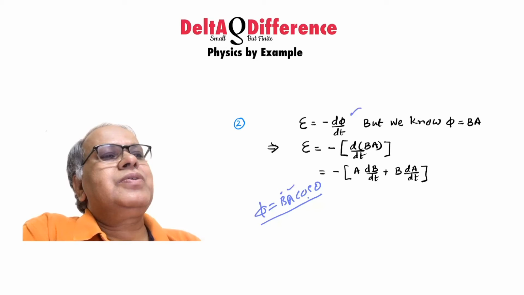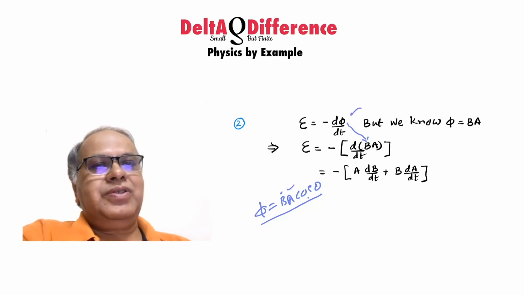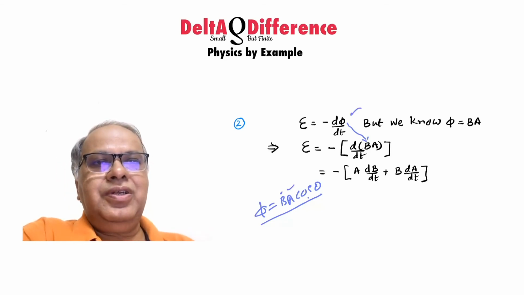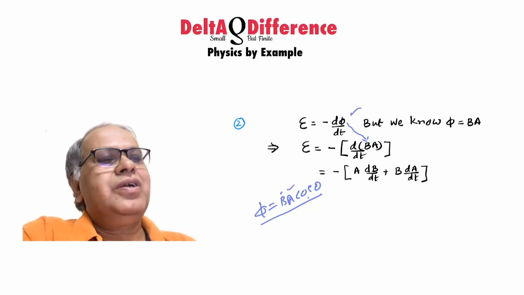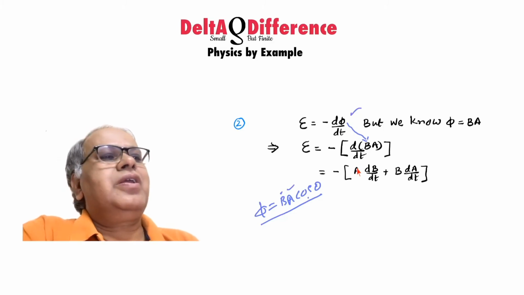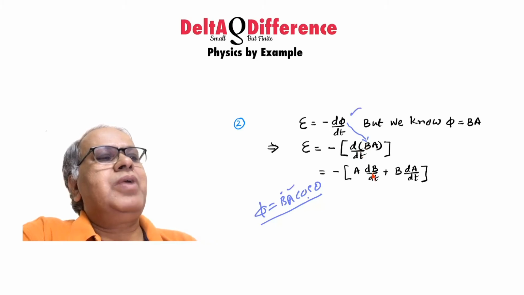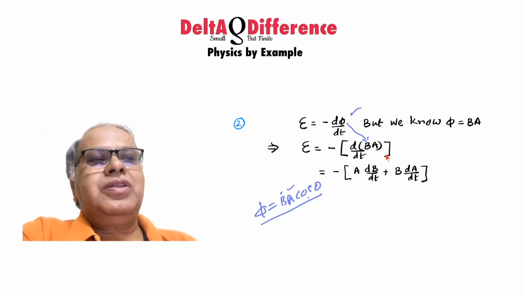So it is BA. In the place of flux, we would put BA and differentiate it, because both are changing here. Area is changing, magnetic field is changing. To differentiate this with the product rule, we'll think first A is constant and differentiate B with respect to time: A dB by dt, plus B we think to be constant and dA by dt.